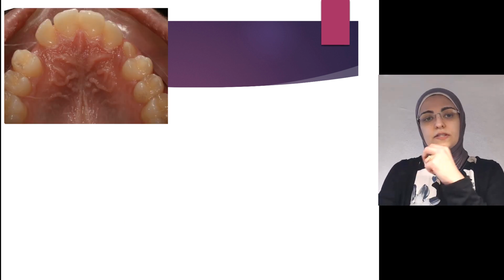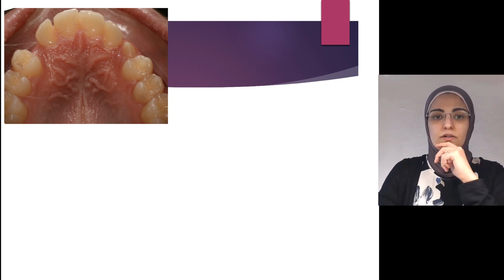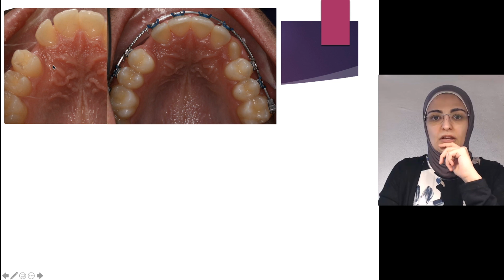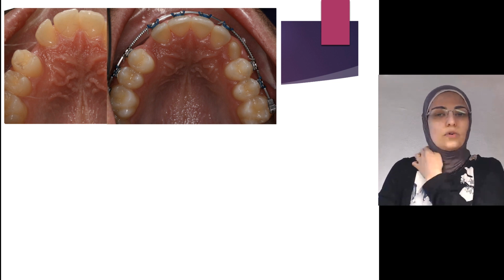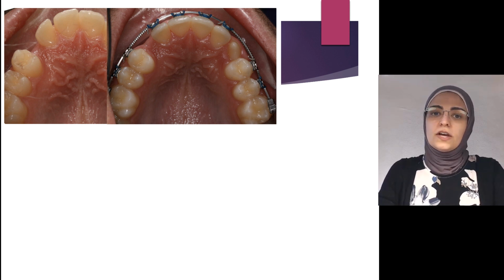So let's look at this case. This patient came to me, he was around 13-14 years old. As we can see, on one side the canine is coming, and on the other side we don't have space for it. But look at it here. You can feel there is a bulge. You can see it even, that there is a bulge here. Of course we diagnosed it with x-rays, and it was lingually positioned.